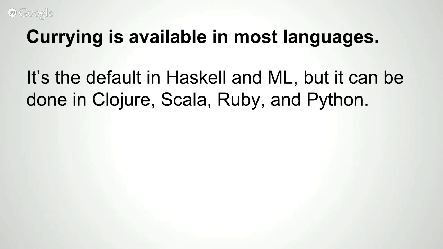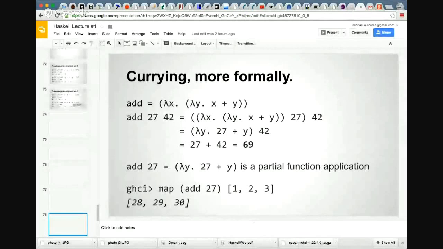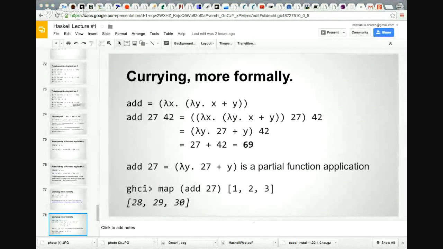Now currying is available in most languages. It's the default in Haskell and ML, so you don't really even have to think about it. The only reason I'm presenting it is so that it doesn't confuse you when you see partial functions being passed around. When you see forms like this add 27, because that's fairly common to use partial function application. So for example, let me actually pull up just to show what I'm talking about.